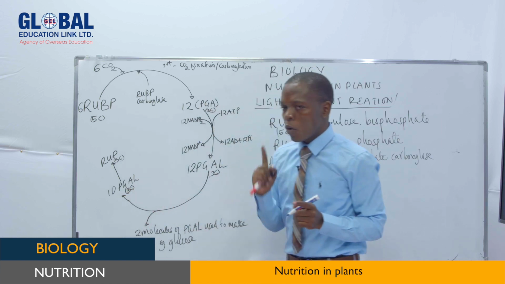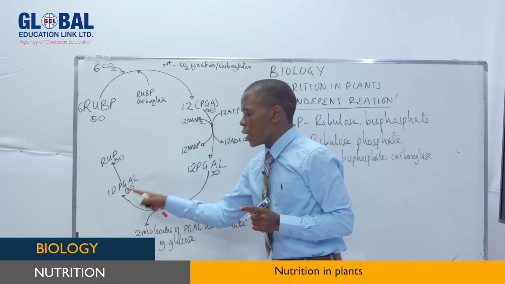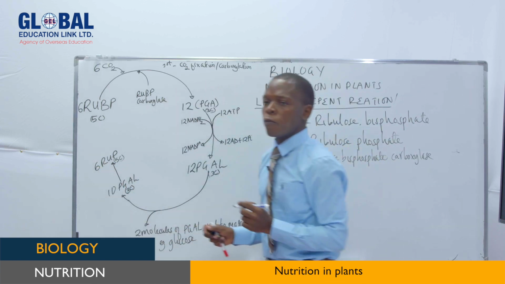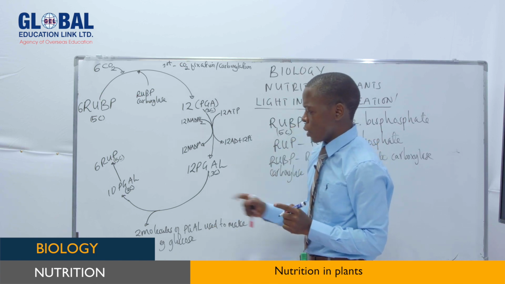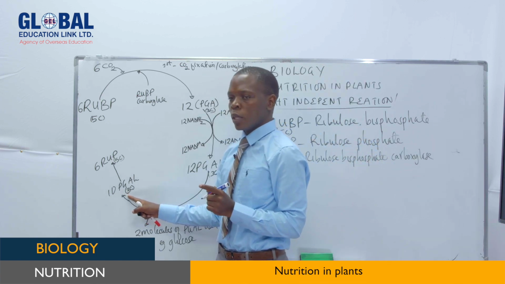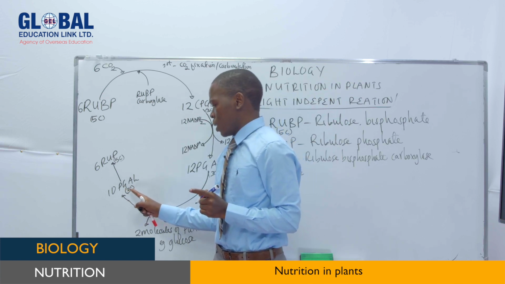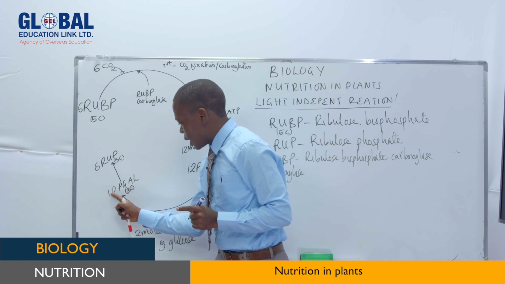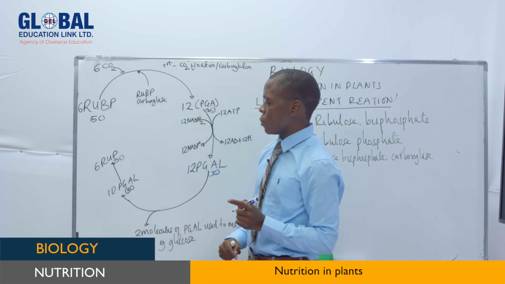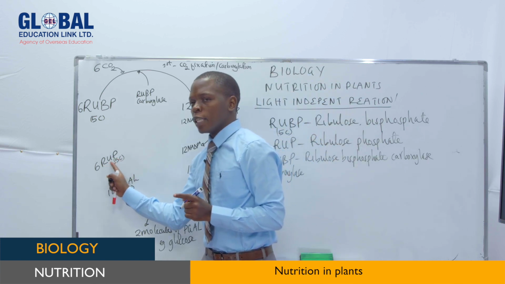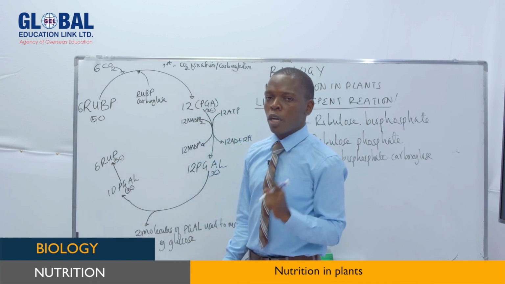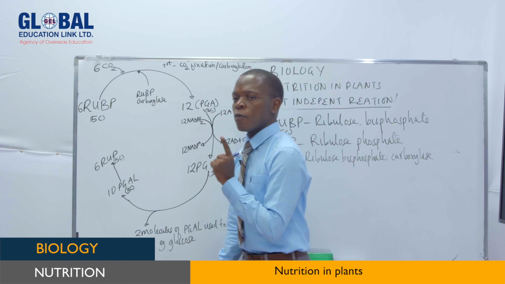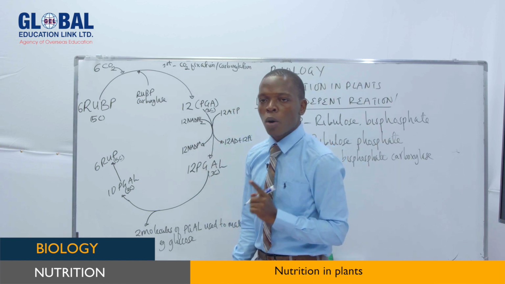Therefore, here we need to convert 10 molecules of 3 carbon compound to form 6 molecules of 5 carbon compound. We have 10 molecules, each with 3 carbon, so 10 times 3 gives 30 carbon. Again here, we have 6 molecules, each with 5 carbon, so the total number of carbon is again 30.